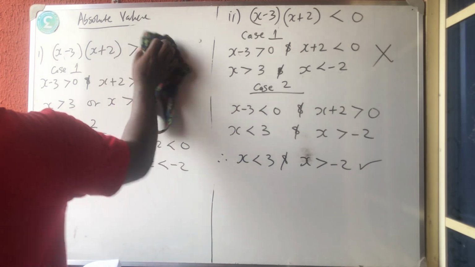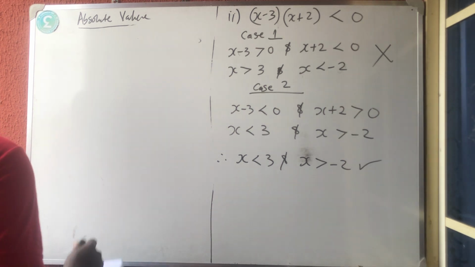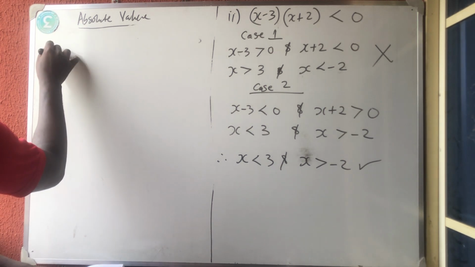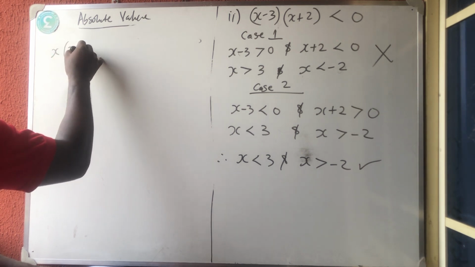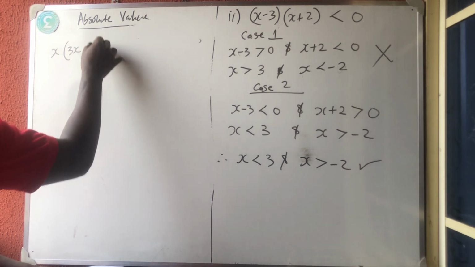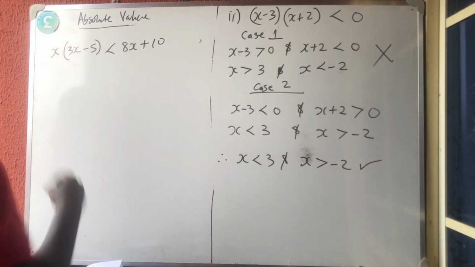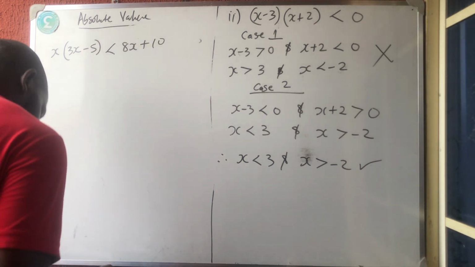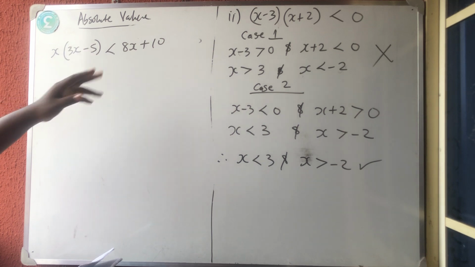So let's go to the next question. The next one says that x times (3x minus 5) is less than 8x plus 10. Okay, so in this case, you will not know what to do until you make the right-hand side 0.